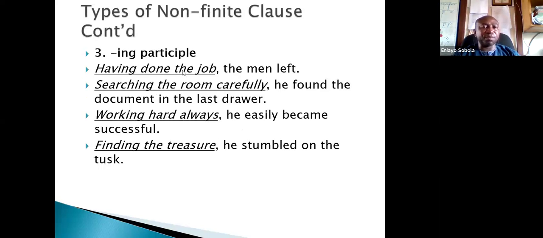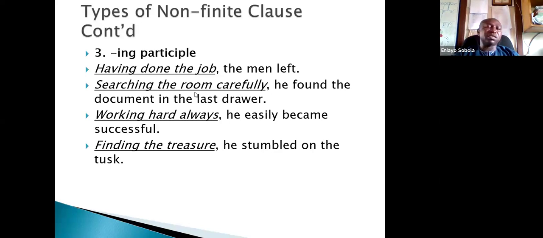The third one, ing participle. Having done the job, the man left. Realize that we have having done the job, which is an ing participle non-finite clause. Searching the room carefully, he found the document in the last drawer.